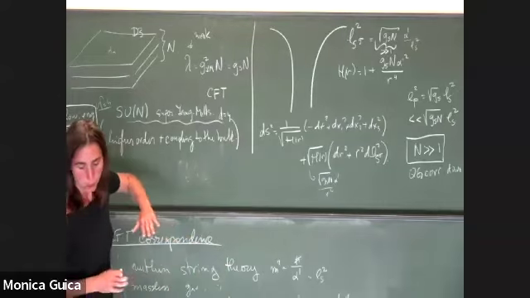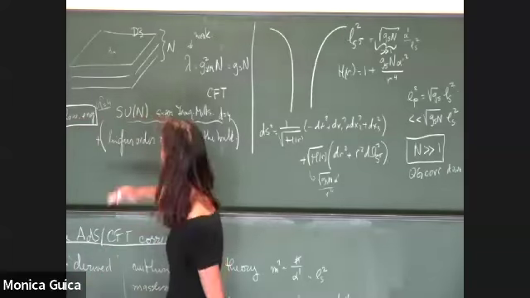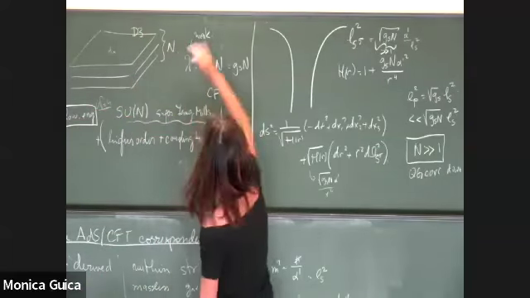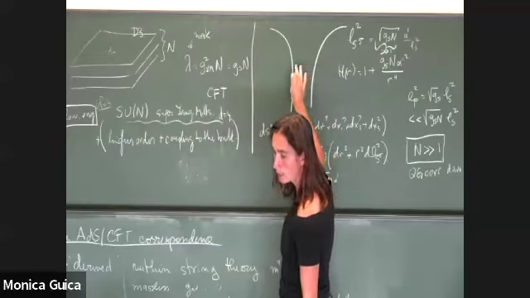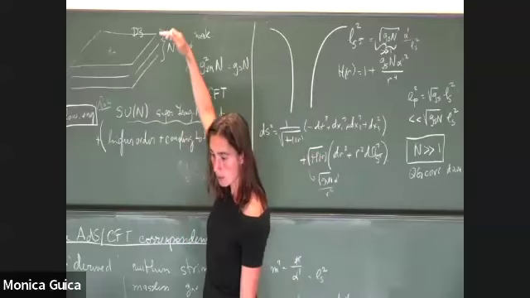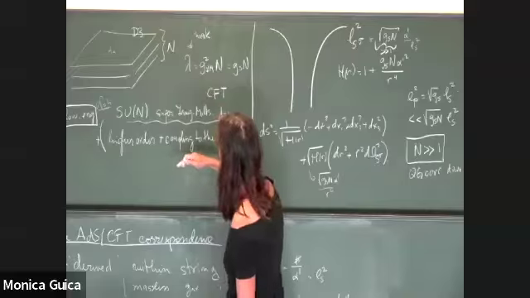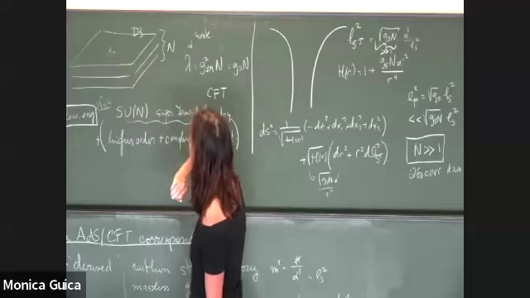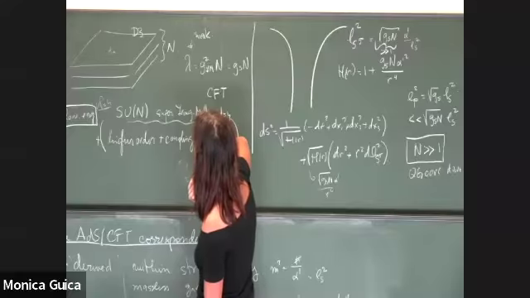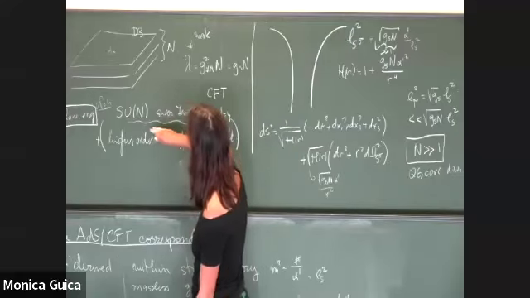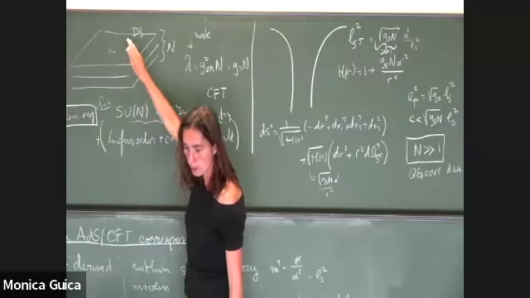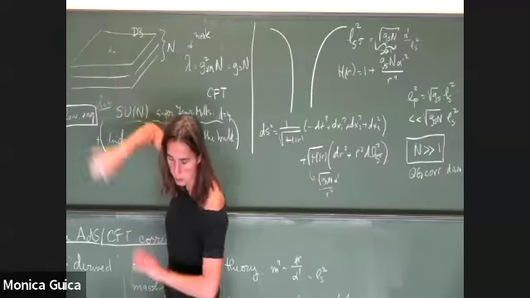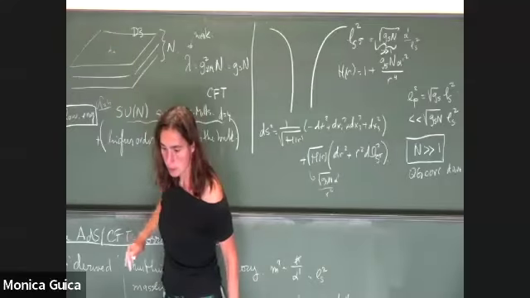Okay, so basically the argument goes something like this. You have these objects. At weak coupling, they look like this. At strong coupling, they look like that. Now I'm taking a low energy limit, and what I'm getting on this side is basically the SU(N) super Yang-Mills theory on the D3 branes, plus some free gravitons that float around in the bulk and don't interact with the branes.